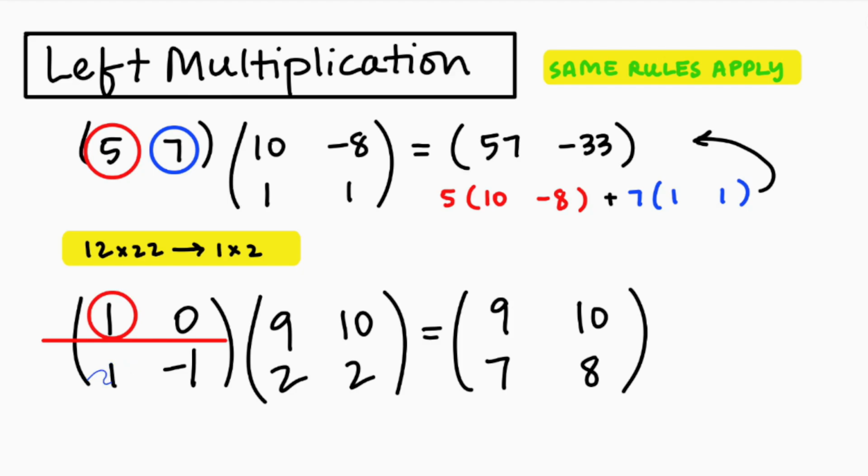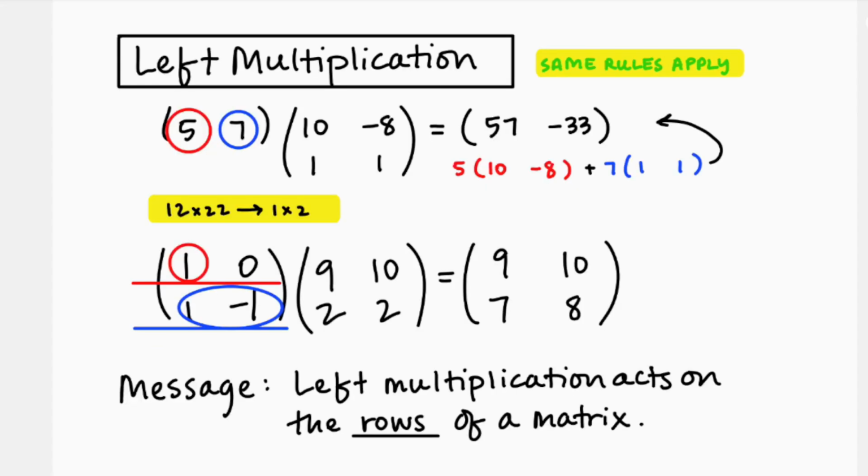And then the second row of the product down here is where I take 1 of the first row and subtract 1 of the second row: 9 minus 2, 10 minus 2. So once again, the key message here is that left multiplication acts on the rows of a matrix.